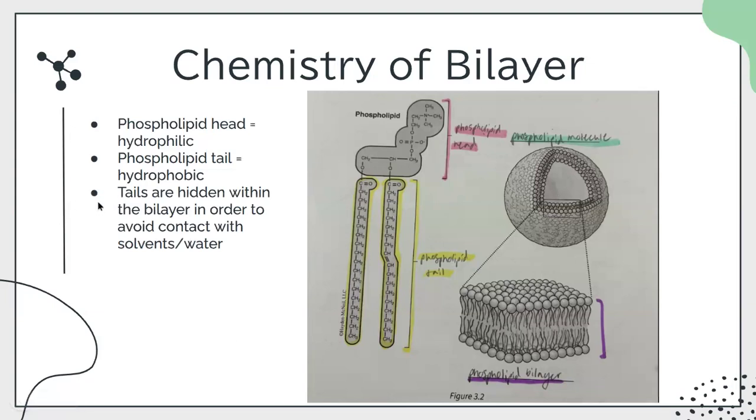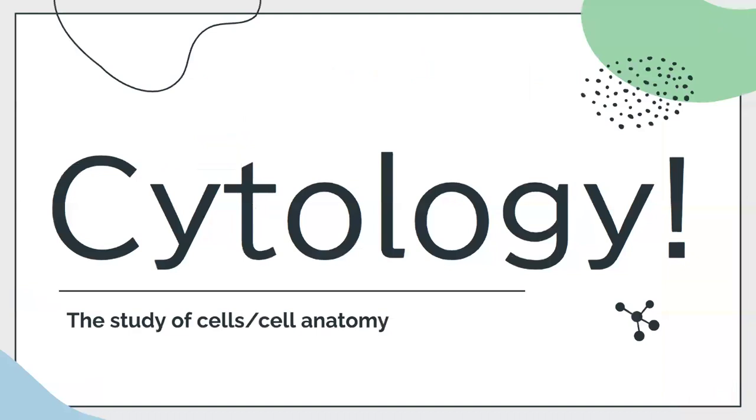If you look at this last bullet point over here, it explains it. Tails are hidden within the bilayer in order to avoid contact with the solvents or water. So they have a phobia of it. They don't want any contact. And that is basically how the bilayer is created.